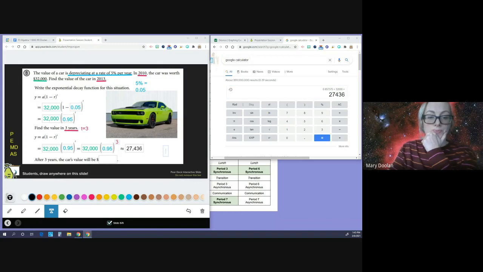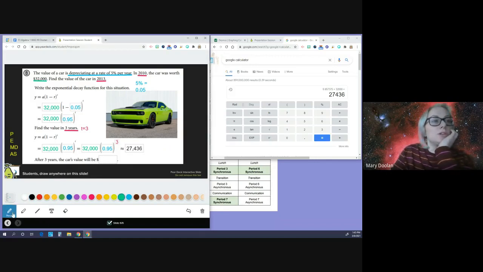And they're not saying approximately in their answer. They're saying after 3 years, the car's value will be. They don't say approximately. So this is a typo. Sometimes you find typos. I just found one. So what you're going to do is get the pencil tool and just color over the approximately equal sign because that is wrong.